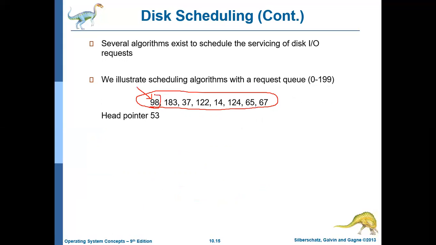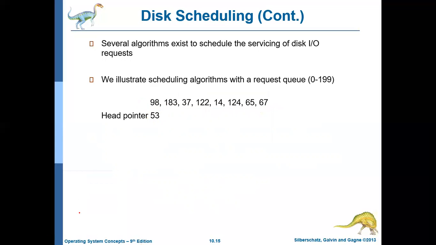First cylinder 98, then 183, then 37, then 122, then 14, then 124, then 65, and then 67. This is the request queue. Currently the head is located at cylinder 53. Now let us see how the various disk scheduling algorithms will satisfy these requests.